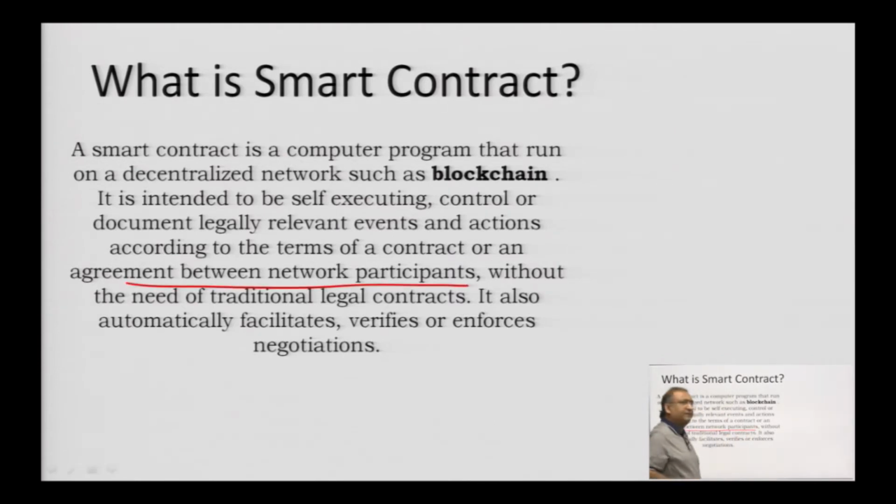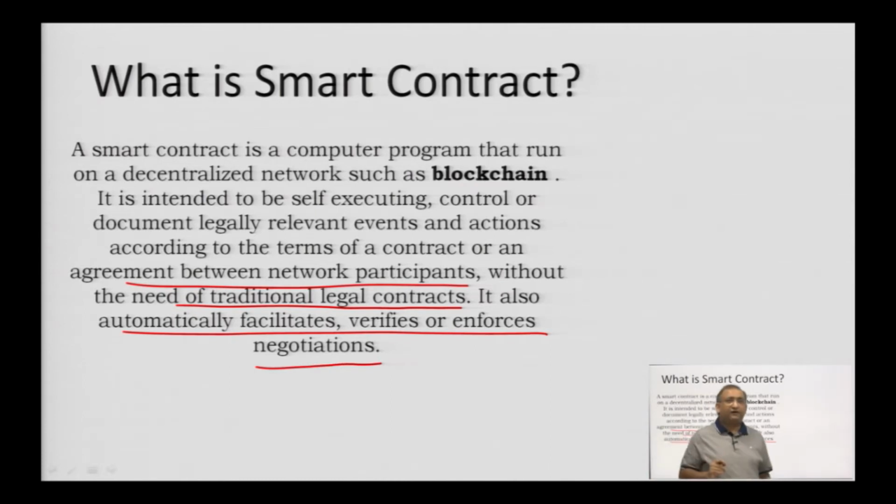In our case, the network participants are the two parties, without the need of the traditional contract, and it also automatically facilitates, verifies and enforces negotiations. So, in simple terms, it is a software program which executes automatically: when certain external events get fired, it validates them against the contract, and if everything goes fine, it executes and settles the contract.